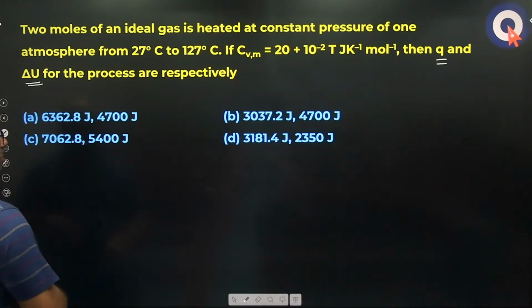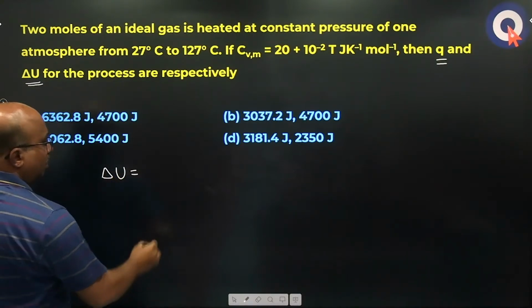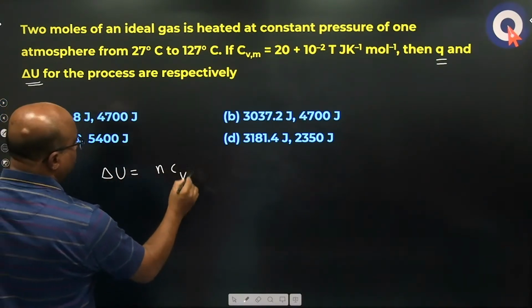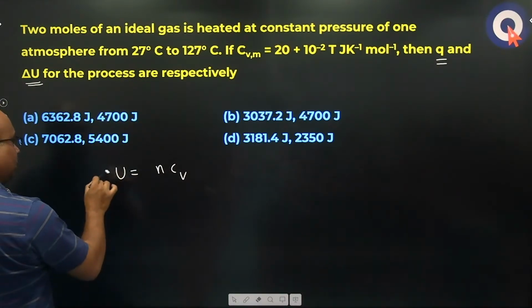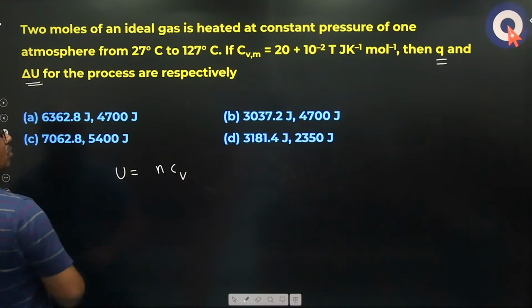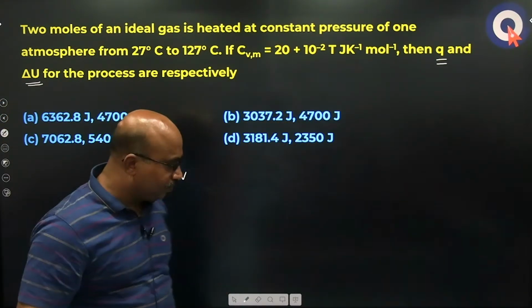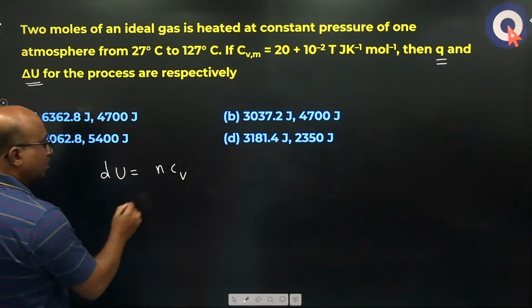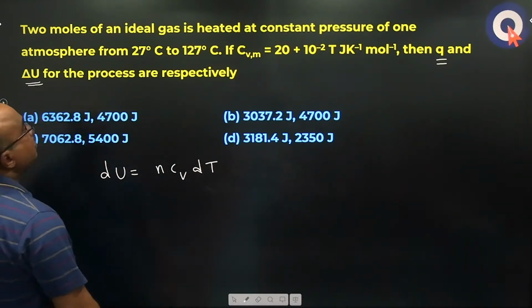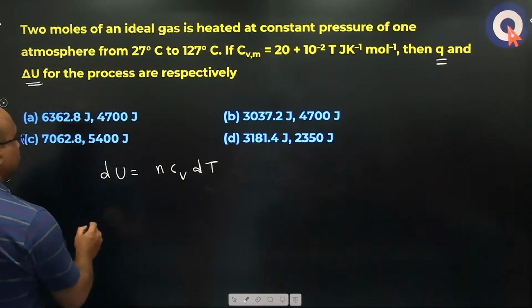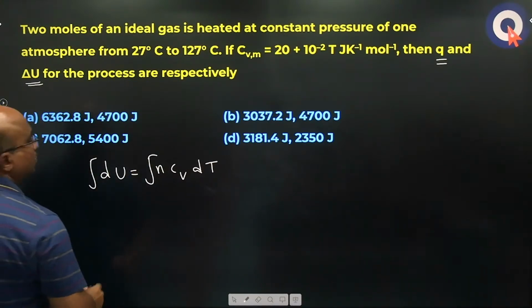But what do we generally say? Delta U is equal to nCV, or dU is nCV dT, because the variation of CV with respect to temperature is given, as a function of temperature. So on integration we get the internal energy.